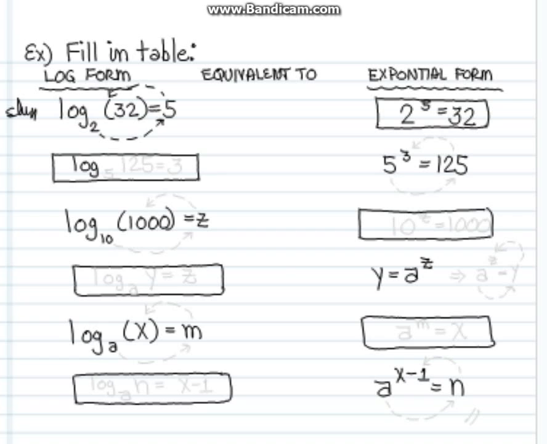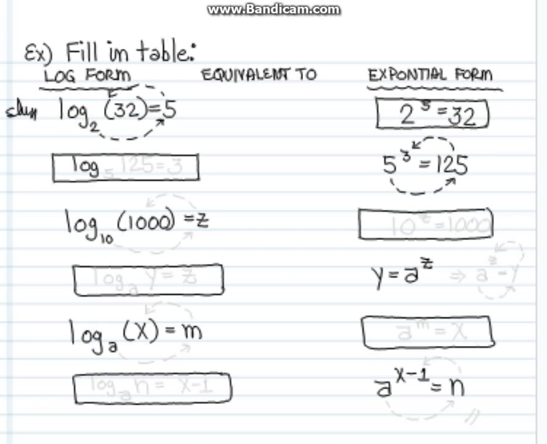Start with the base 5, dot, dot, dot. Log base 5 of the number 125, dot, dot, dot, equals the exponent 3. Let me say it again. We're going from exponential to logarithmic form.